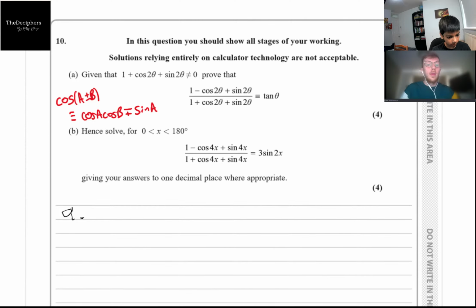Okay, so that's the formula that we're given in the exam: cos A plus or minus B is cos A cos B minus plus sin A sin B. So you didn't need to get rid of what you wrote, it was perfect, you were right. But think about how we could use that to get our double angle formula for cos.